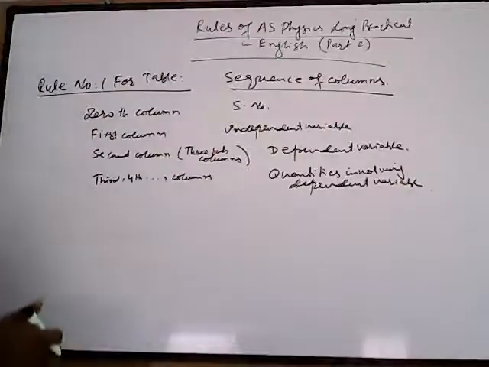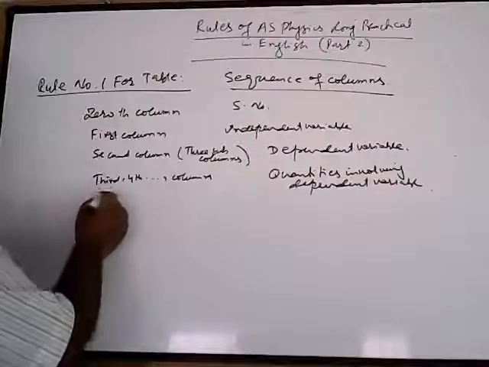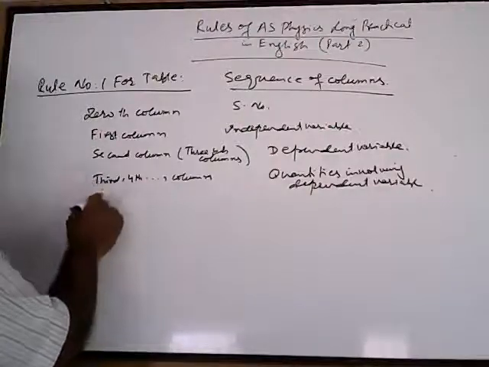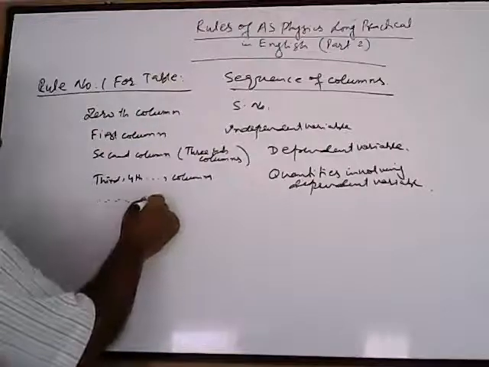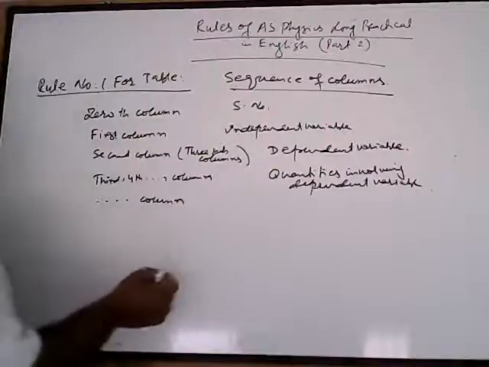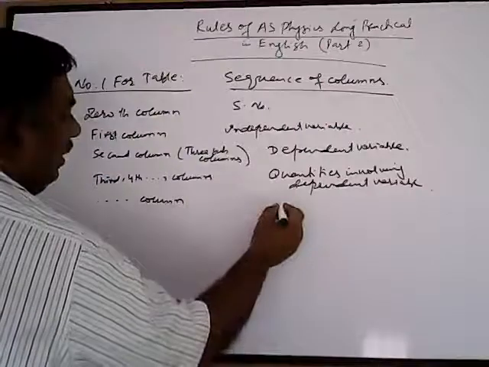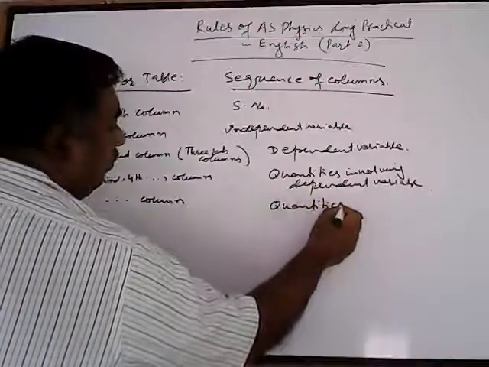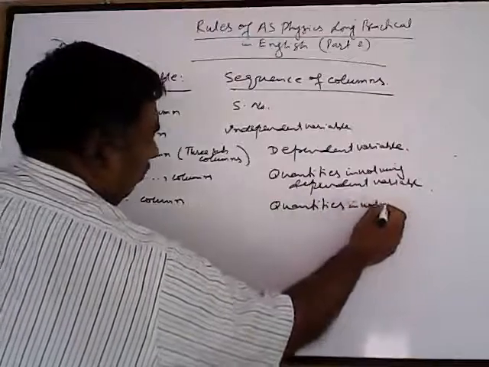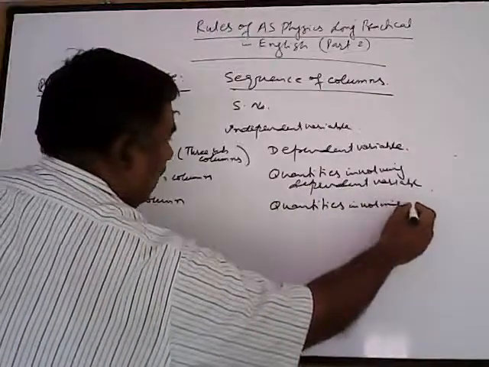When you finish with the quantities involving the dependent variable, then the columns can be fifth, sixth, whatever. After that, whatever the column number, you will go for the quantities involving the independent variable.